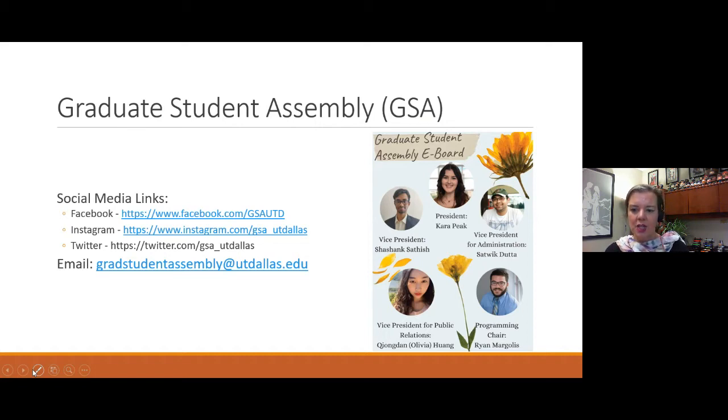This is their information. I think they're actually in the process of putting together their cabinet for next year, so this board may not be correct. And then also look into some of the international groups, Women Who Code, but sort of get involved with as many of the organizations and groups that are available to you that you identify with in some way.